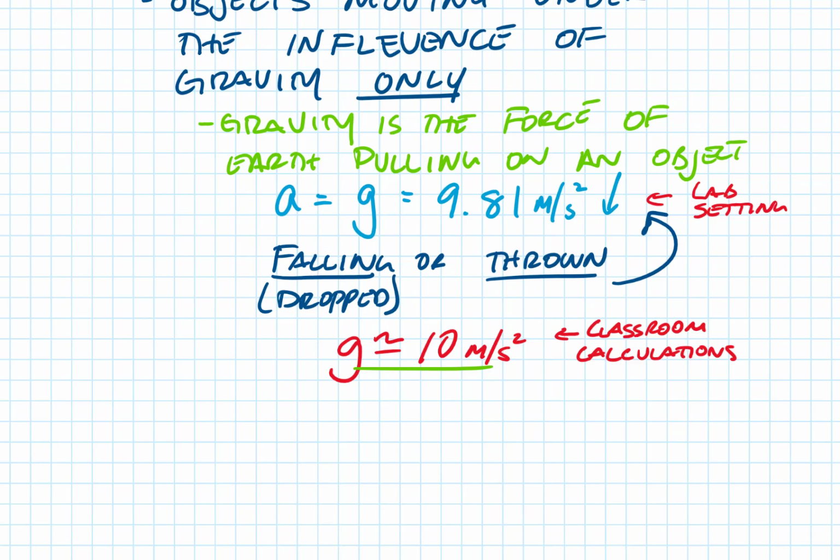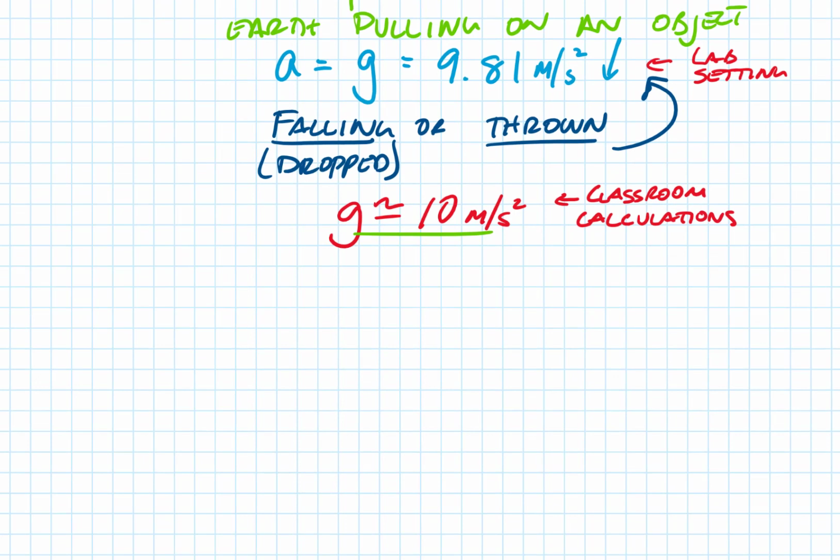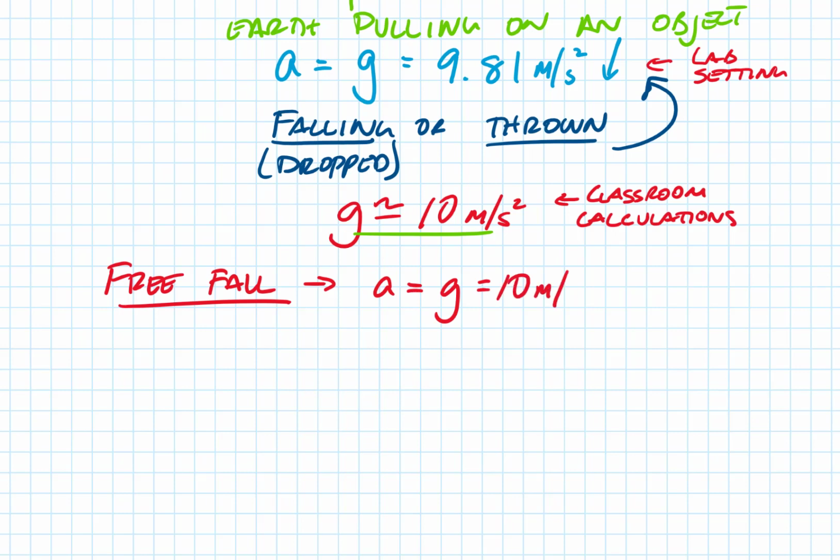So the words that we're looking for when we're talking about being in free fall motion: we get to say that the acceleration is equal to g, is equal to 10 meters per second squared down. We get to say that when we drop an object, an object falls, an object is released.